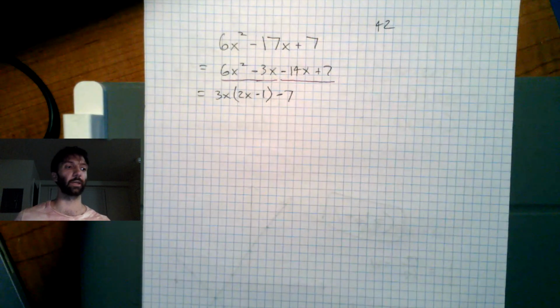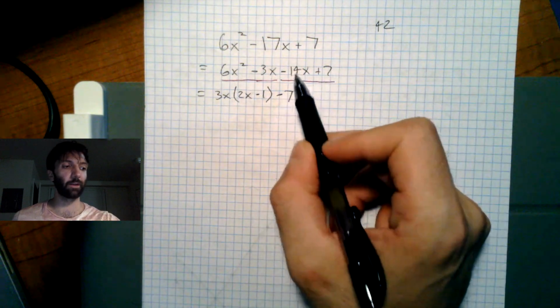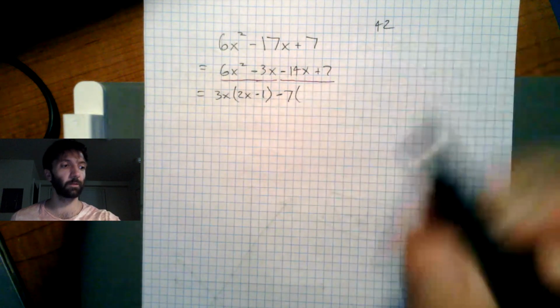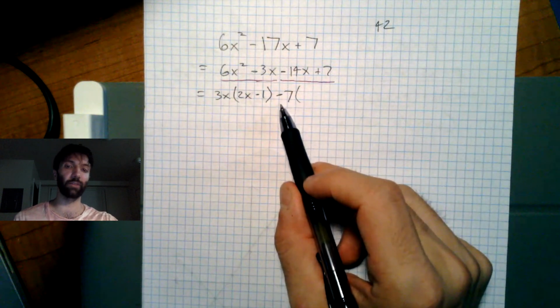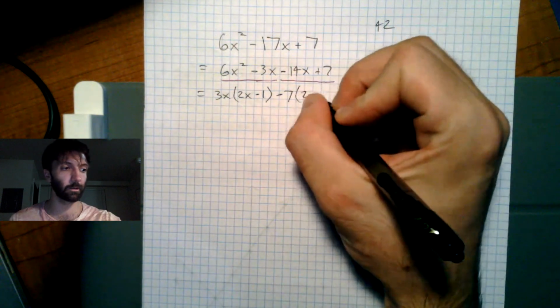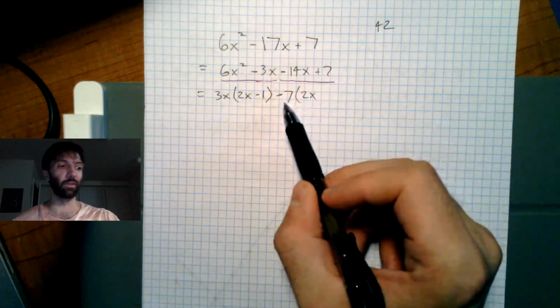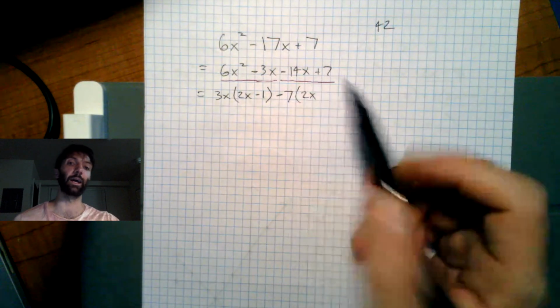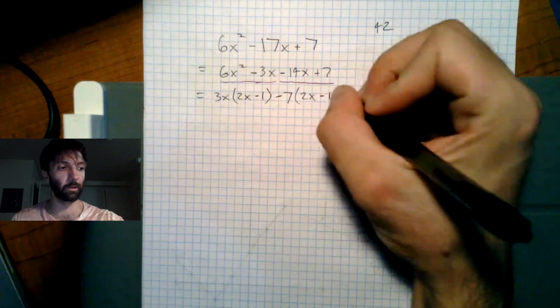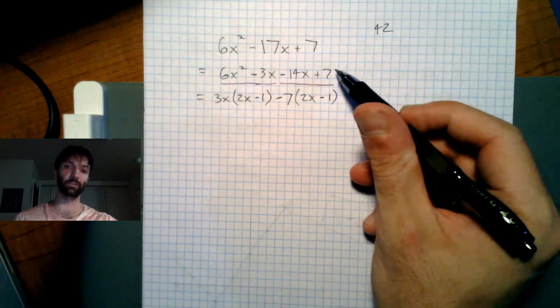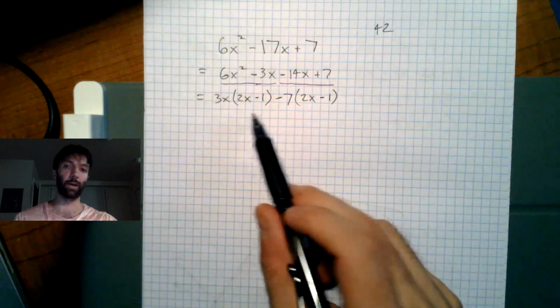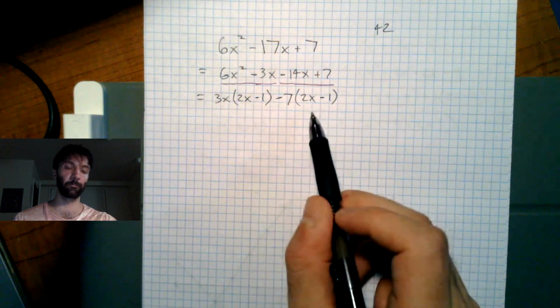And you'll see why in a second. So I factor out a negative 7. Now negative 7 times 2x will give me my negative 14x. And now the negative 7 times a negative 1 will give me my positive 7. So now I have matching factors here.